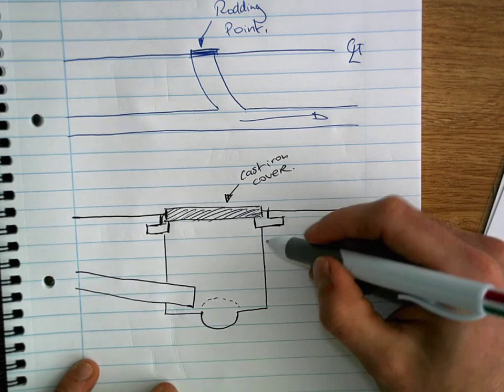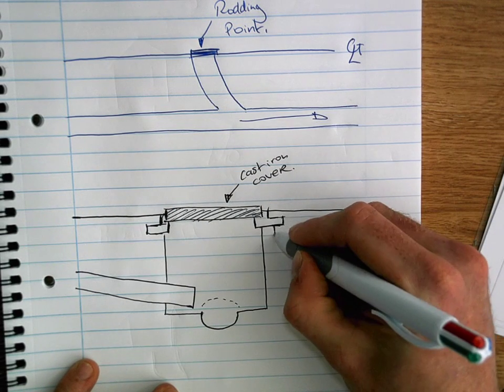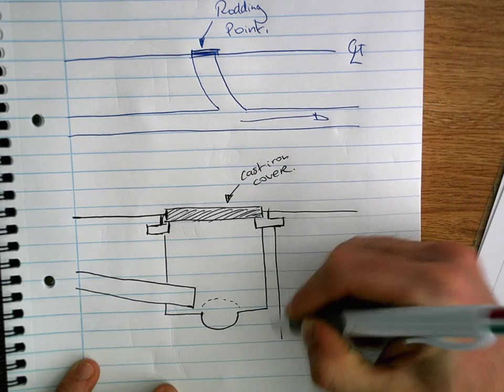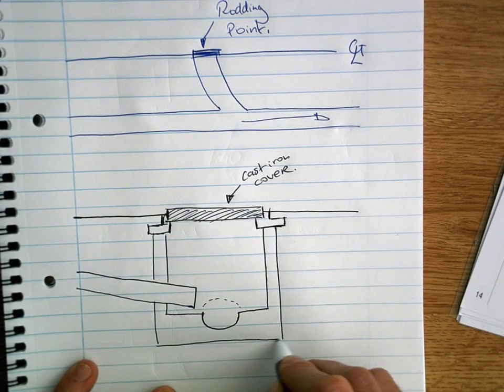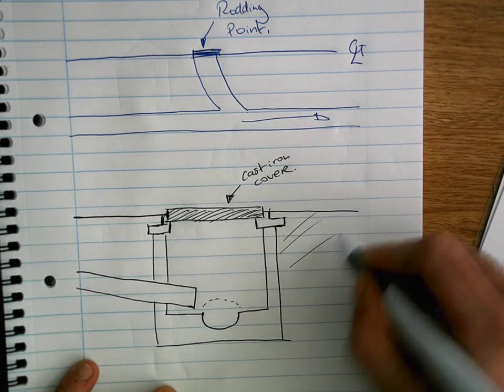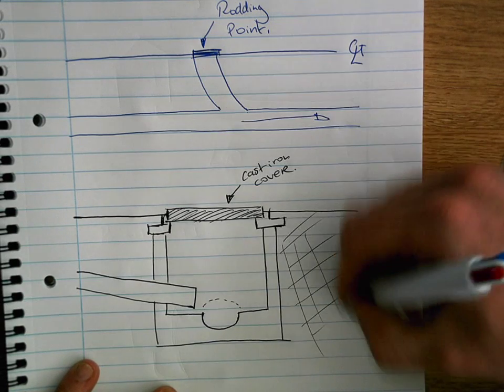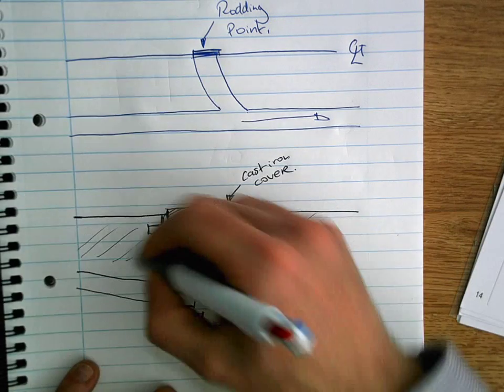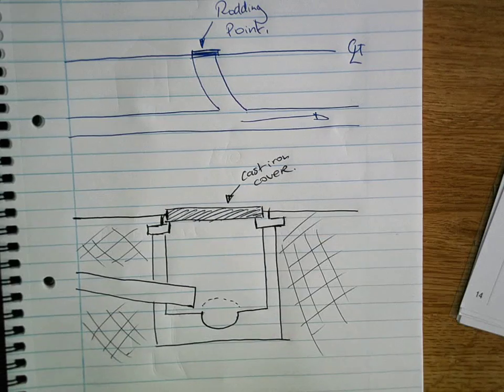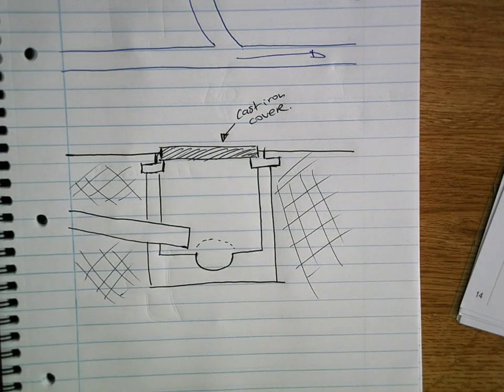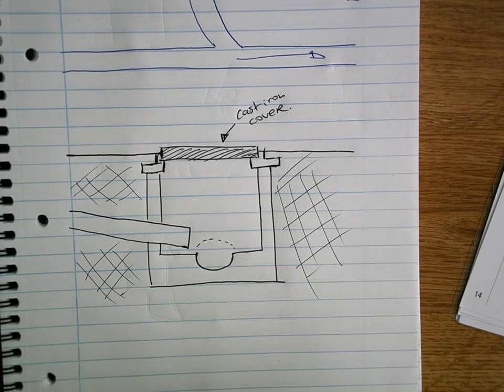And then obviously the manhole itself has to have some sort of a cement structure or a concrete structure around it. And then the rest on the outside is going to be your hardcore or underneath the road, or clay or whatever else.